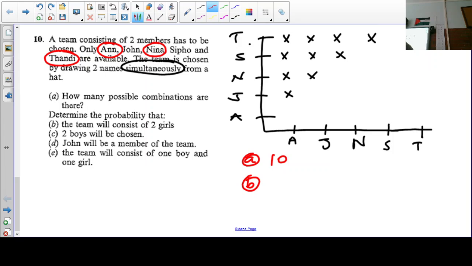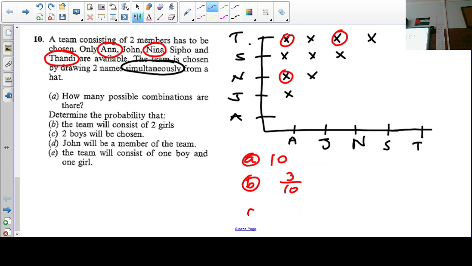So it's Anne and Nina, Anne and Tandi, Nina and Tandi. Sipo is a boy. You all agree it's 3 over 10? You have 10 is correct.